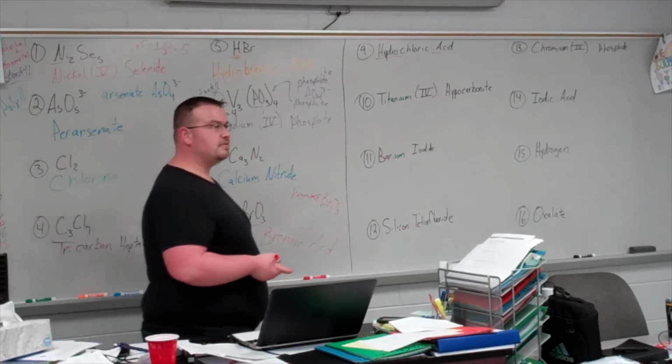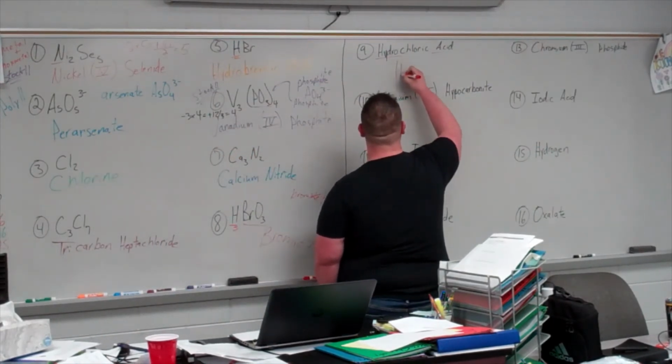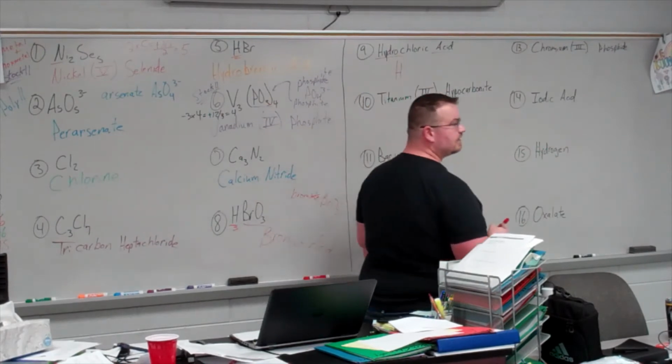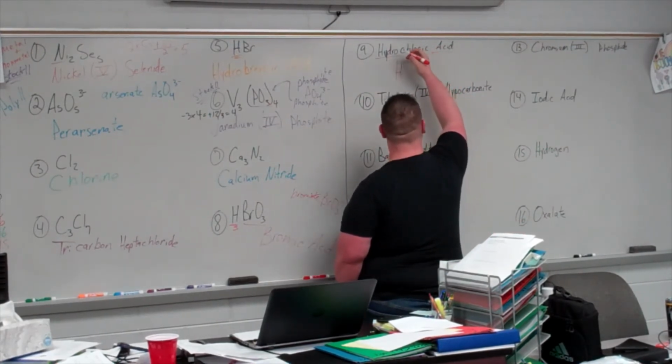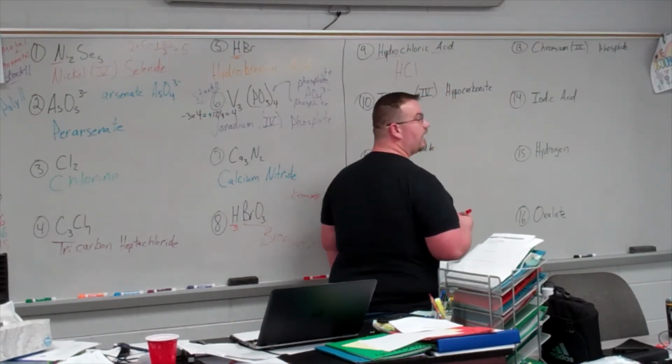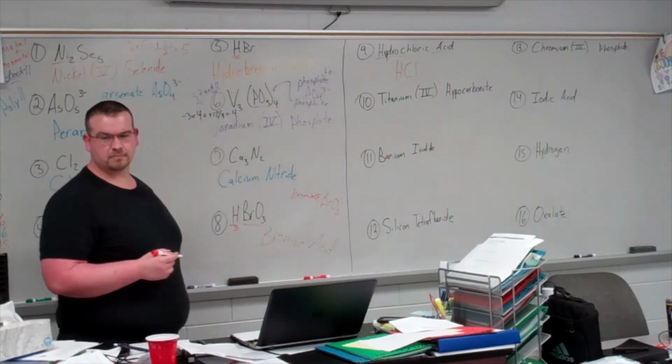So I know it's hydrogen and some other element, and to get that I look at the root, chlor, which comes from chlorine. HCl, hydrochloric acid. Okay, that ain't bad.